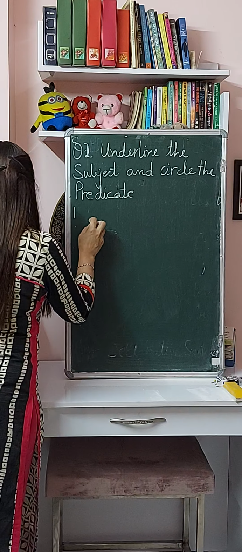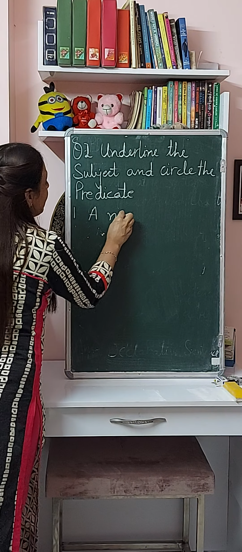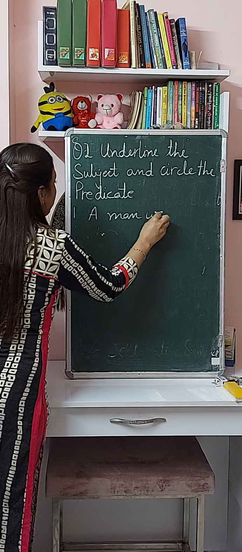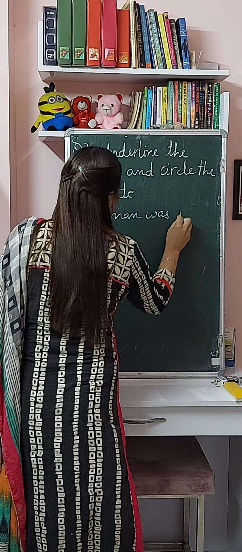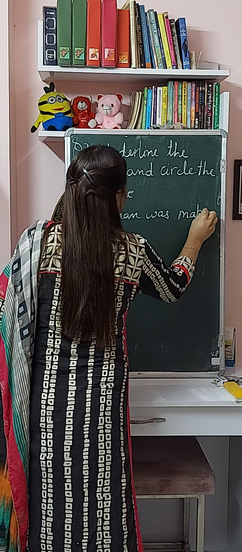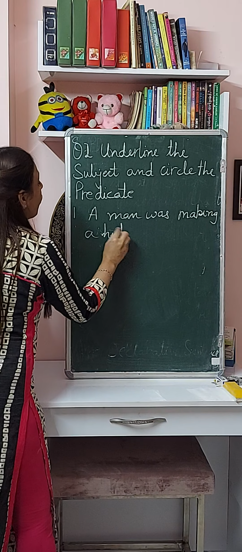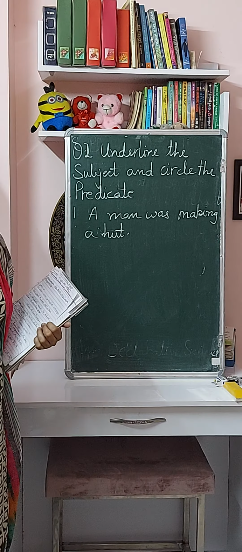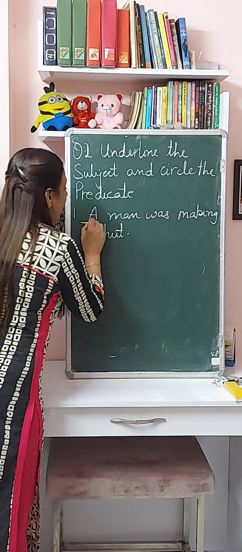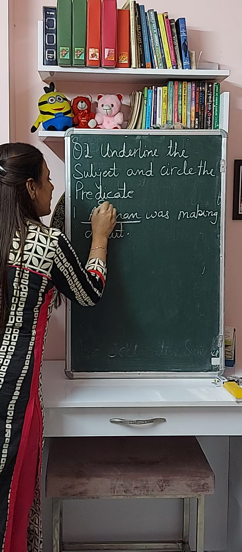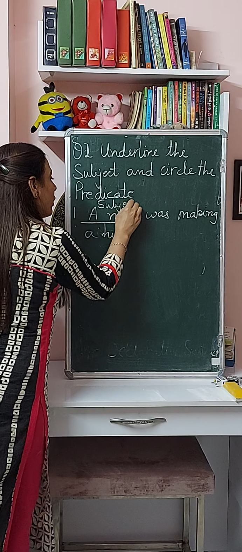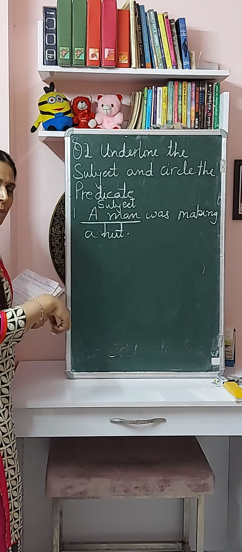First sentence is, a man was making a hut. Now here children, whom are we talking about? We are talking about a man. So a man is the subject over here. And what is that man doing?